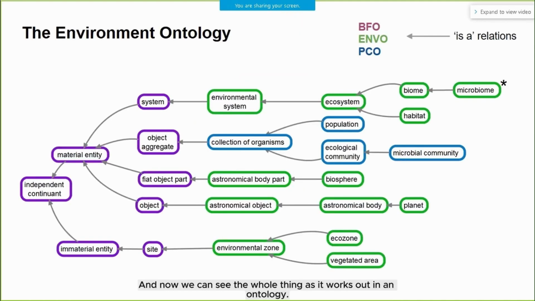And now we can see the whole thing as it works out in an ontology. This is BFO in pink, and this is part of the PCO, which is the population and community ontology. This is a collection of organisms, which is an object aggregate, and then the terms that we just talked about are here, including the sun.